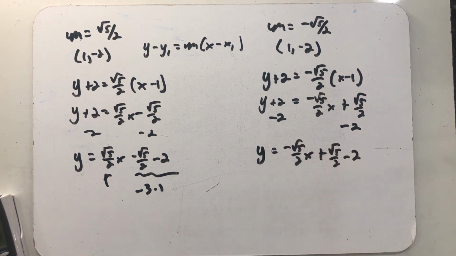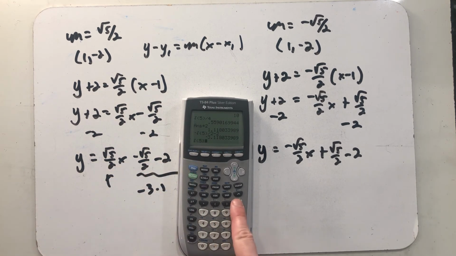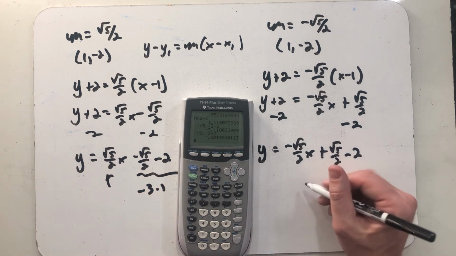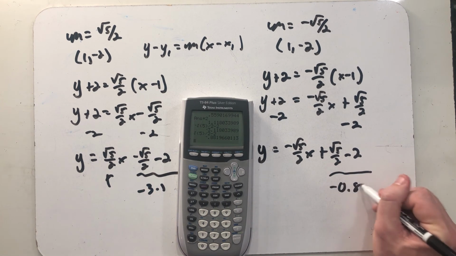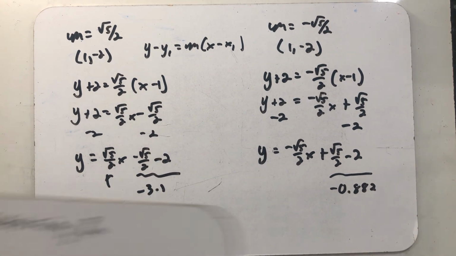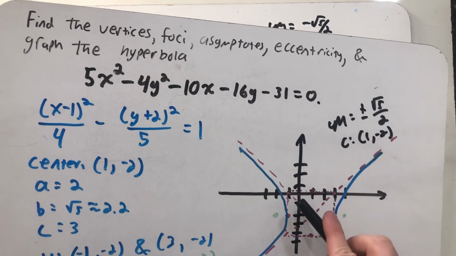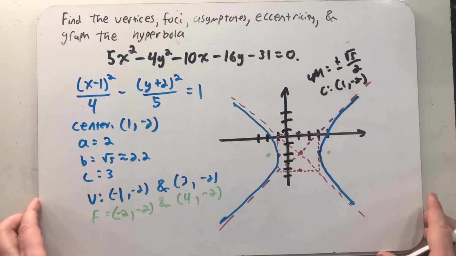So the y-intercept here is that positive √5 over 2, take 2 away. And so that's about, the y-intercept's about -0.882. And on my graph, which again, not to scale, it looks like it's going through really close to -1. So I'm going to let that be close enough since, well, I'm not perfect and I don't need my graph to be perfect.